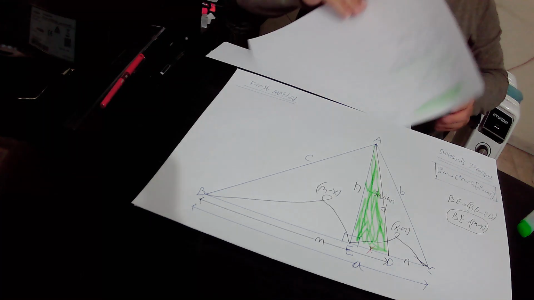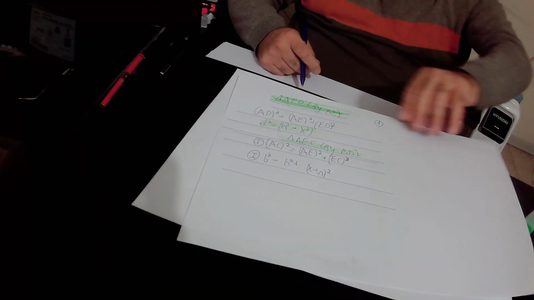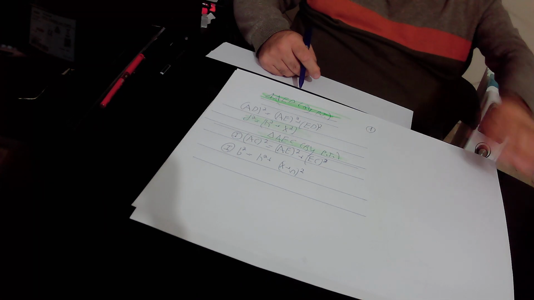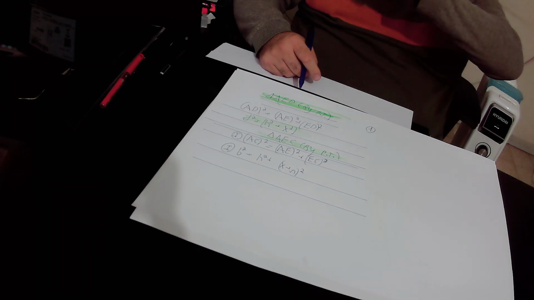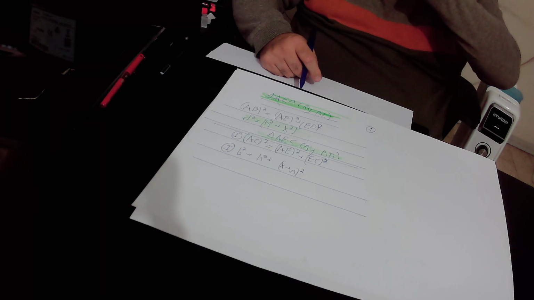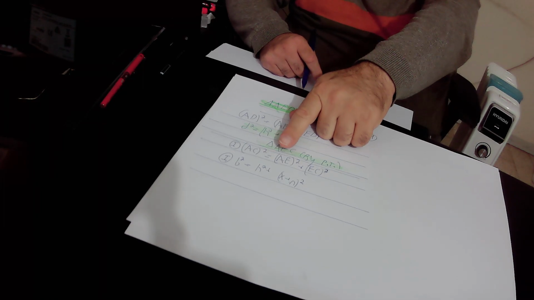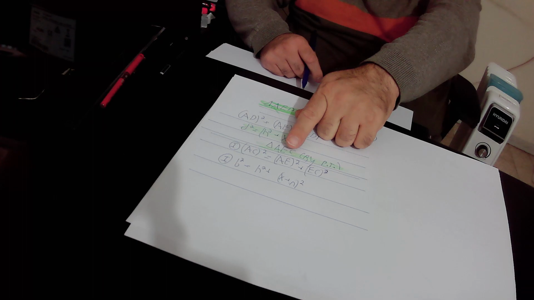So actually we found out that according to the Pythagoras theorem in the right triangle AEC, B squared equals H squared plus (X plus N) squared.